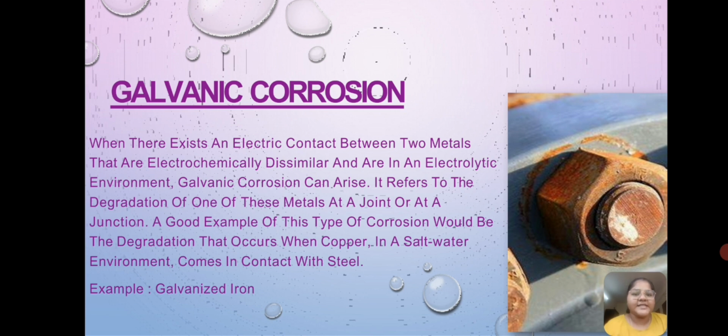A good example of this type of corrosion would be the degradation that occurs when copper in a salt water environment comes in contact with steel. Example, galvanized iron.